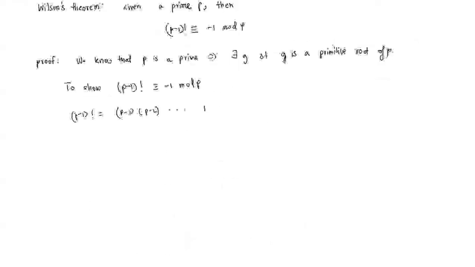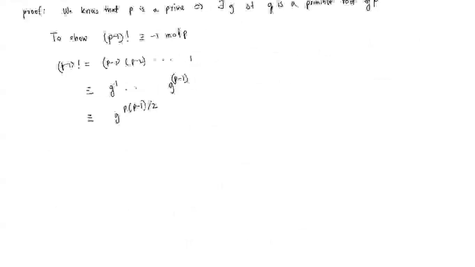So this is essentially, in some order, the same as g to the power 1 into up to g to the power p minus 1, which is essentially g to the power p into (p minus 1) by 2.